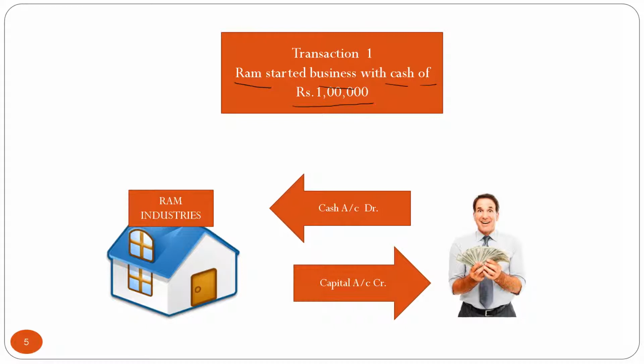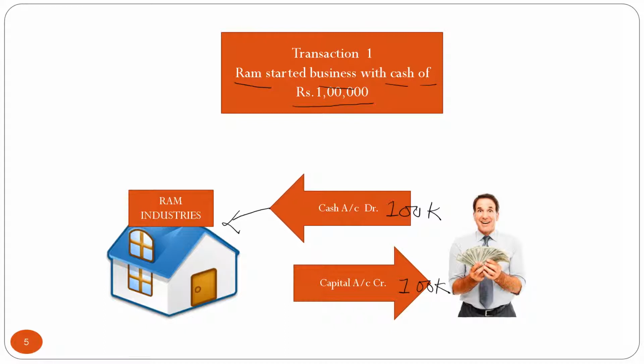As we have already discussed in the previous slide, for each and every transaction there are two effects. So for this transaction the two effects are cash comes into the business for 1 lakh rupees and capital has been created against the business for 1 lakh rupees.